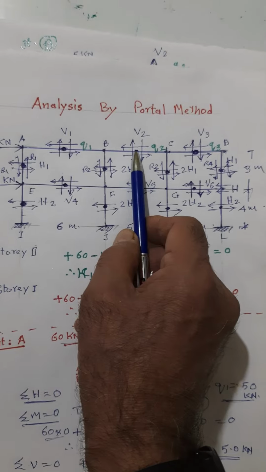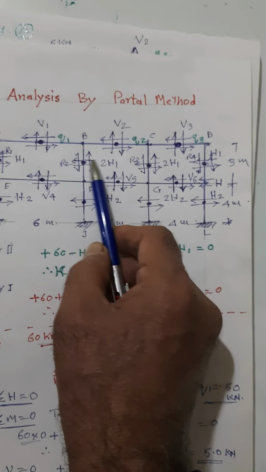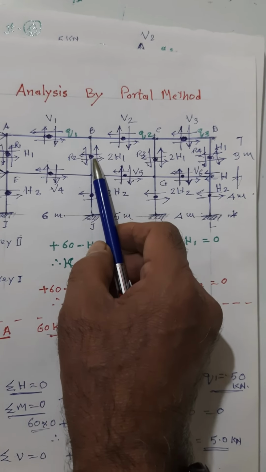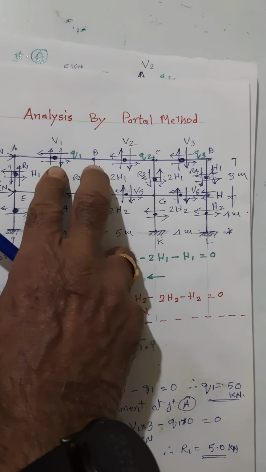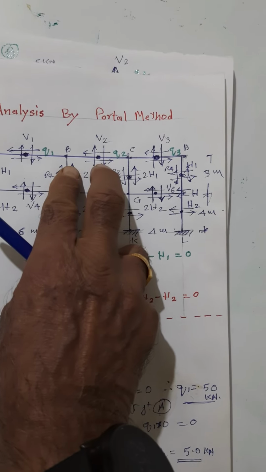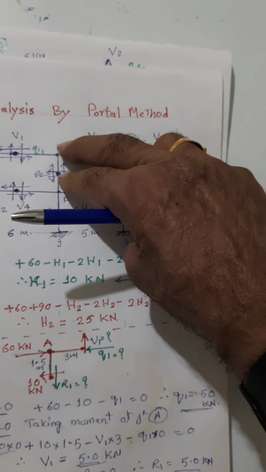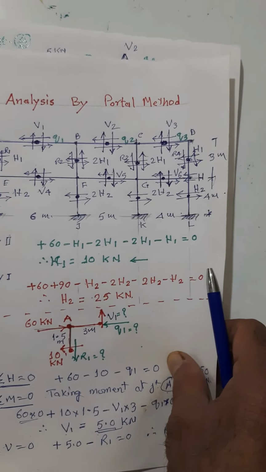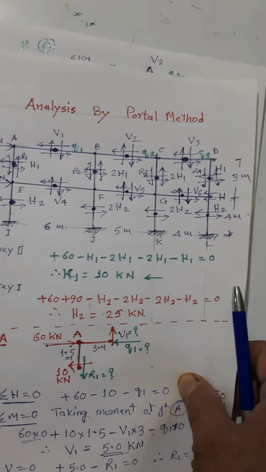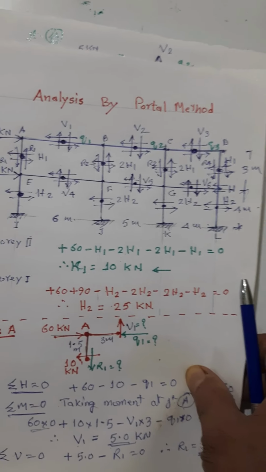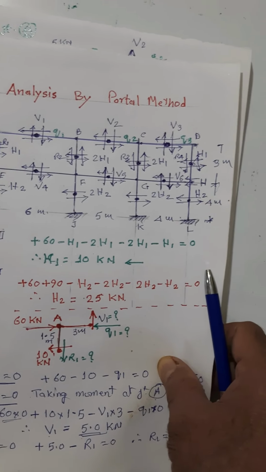Similarly, this arm and these forces. This arm and these forces. And accordingly, this distance is 3 meter, this is 2.5 meter, and this is 2 meter. And again, first of all, sigma H equal to 0, then sigma M equal to 0, and sigma V equal to 0, and find out the value.